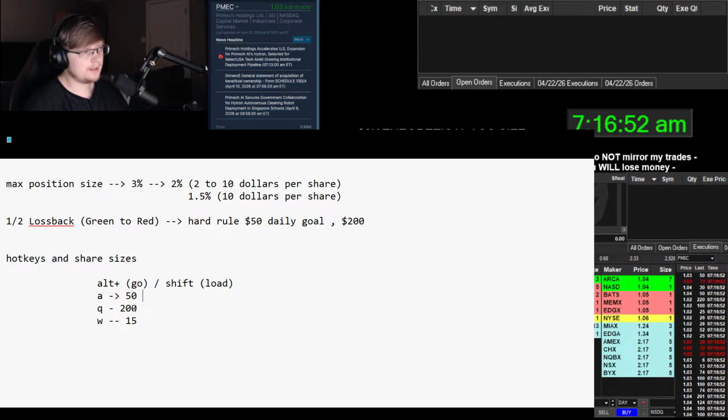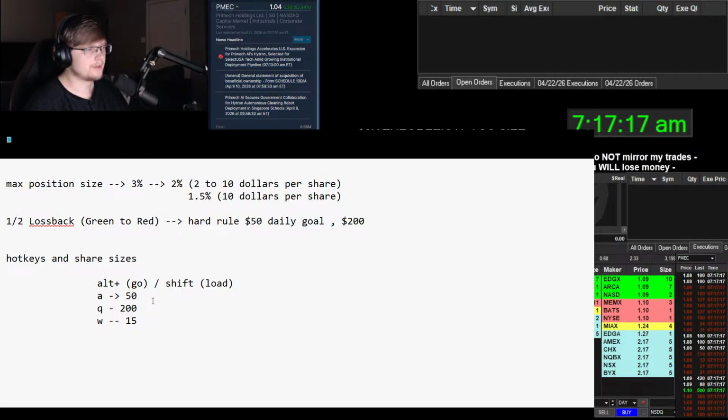My intention is that 50 shares is quarter of my maximum position size. So for a $2,000 theoretical account, maximum position size is $200, right?